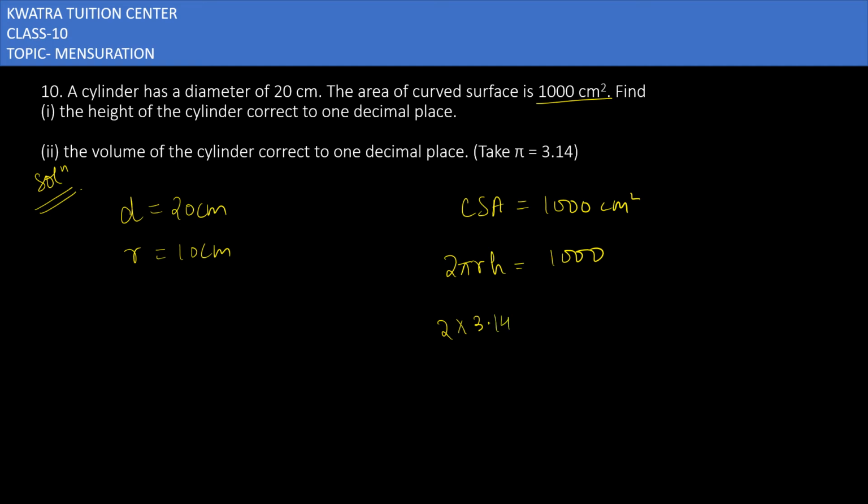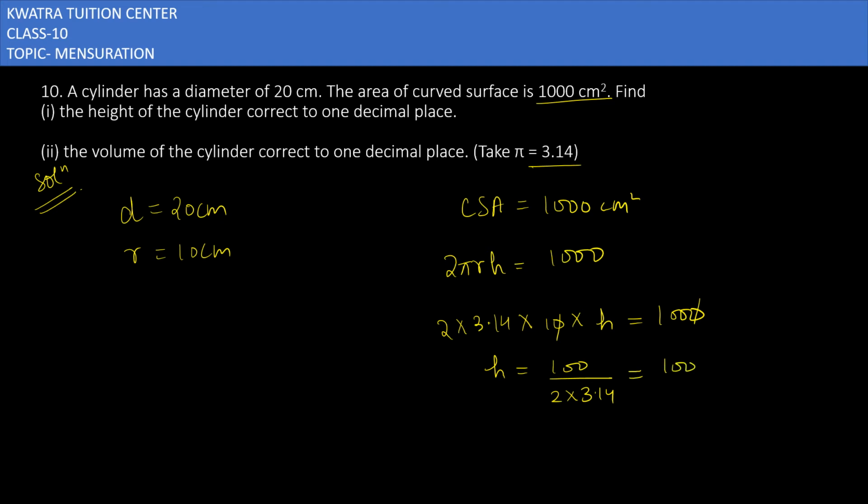Not 22 by 7, we have to take pi as 3.14. So I am writing 3.14 only. R is 10 and H is not known. Then 1000 on the right side. Now what we can do is we can cancel 1 0 with 0. Then we can reduce this value, like 100 will be there on the right side and 2 and 3.14 will be there on the right side.